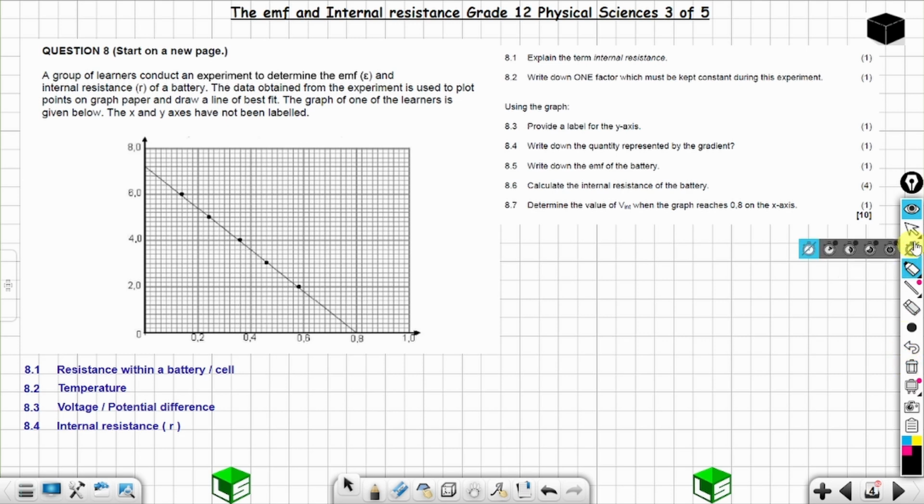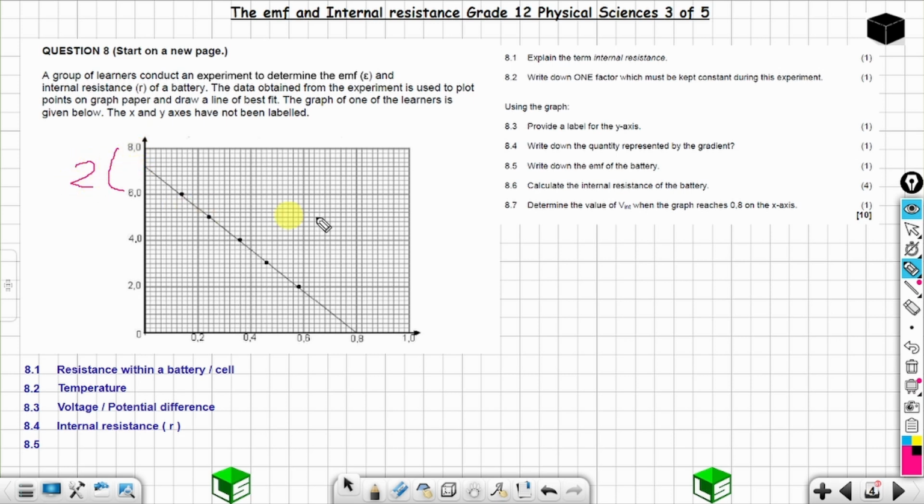Let's carry on. Now, 8.5, using the graph, write down the EMF of the battery. So you are going to read the EMF. The EMF will be the maximum. You have to know what each square represents. For you to find out, this is what you have to do. Between 6 and 8, the difference is 2.